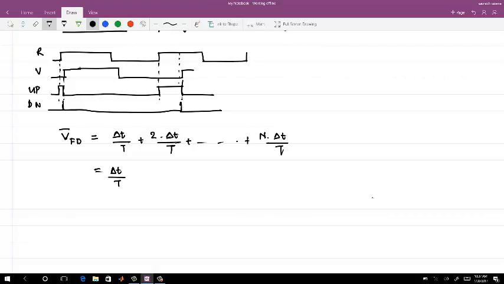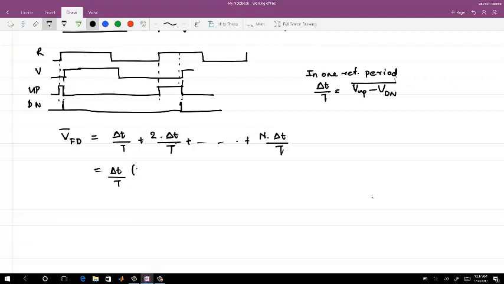Is that clear? So this one will be delta t by T. Now, when I'm writing this, the average of delta t over T is equal to the average of V of up minus V of down over one reference period, right? In this example, in the first reference period, I can say that, right?